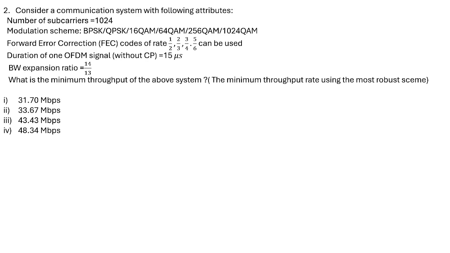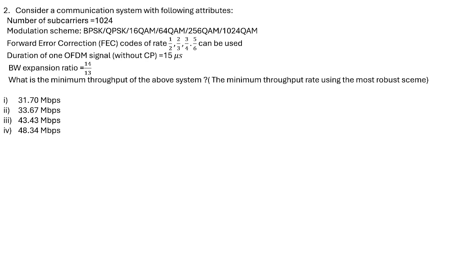For QPSK, however, you have 4 symbols to choose from. The constellation consists of 4 symbols, namely 00, 01, 10 and 11. So your constellation size is 4, and therefore the number of bits per symbol you can transmit is log base 2 of 4, which comes out to be 2.